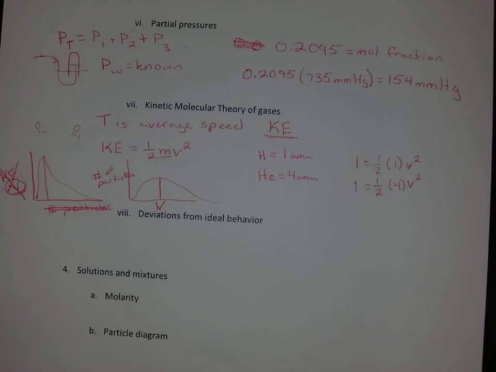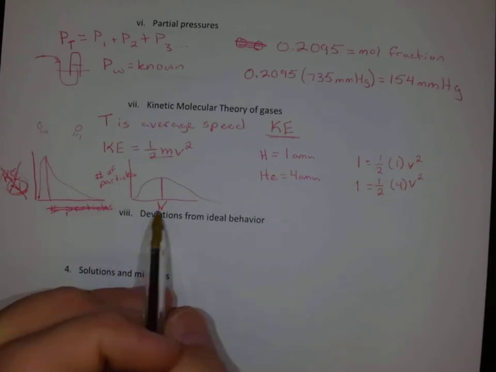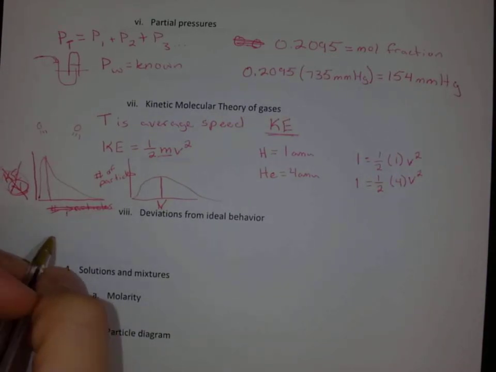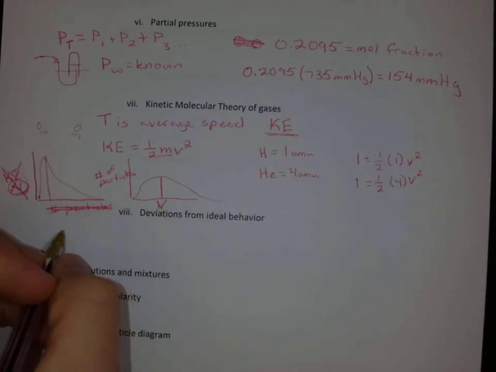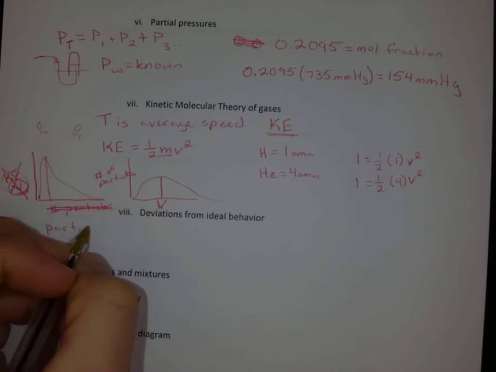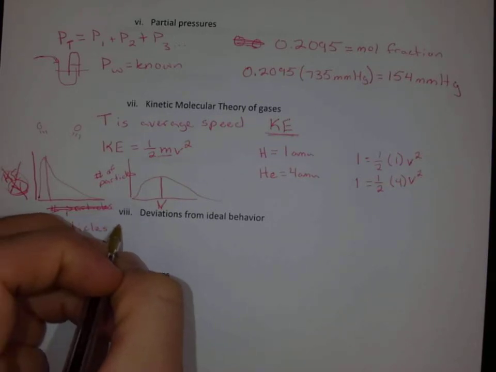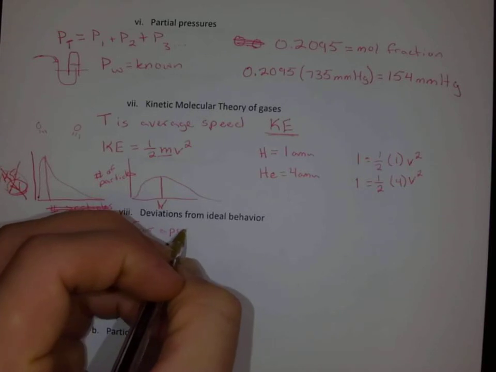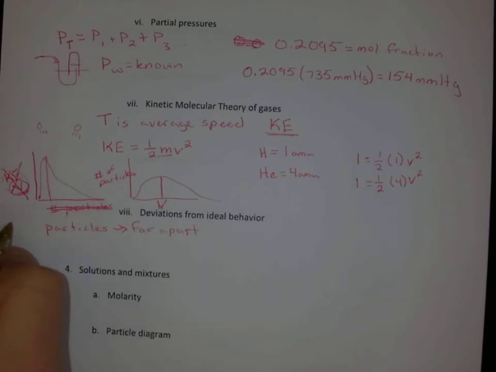The last piece with this is our deviations from ideal behavior. So we've said that our gases generally behave as ideal gases, and the reason being that our particles are very far apart. So I'll say ideal particles.